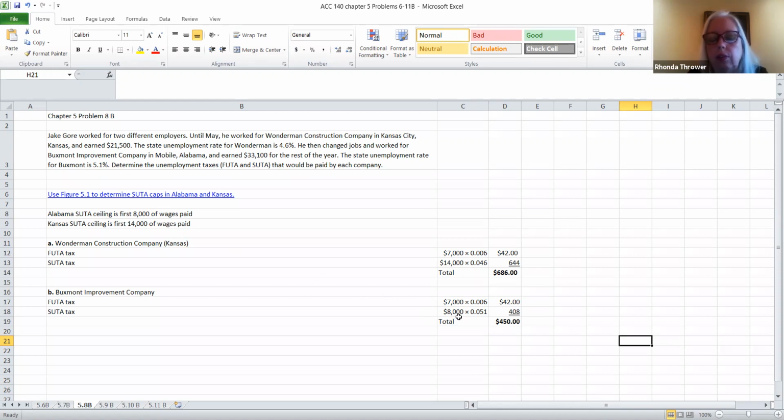So 8,000 times the SUTA rate gives you the state unemployment tax that the employer must pay. The combination of federal and state is a total of $450 that would be paid by the Bucksmont Improvement Company.